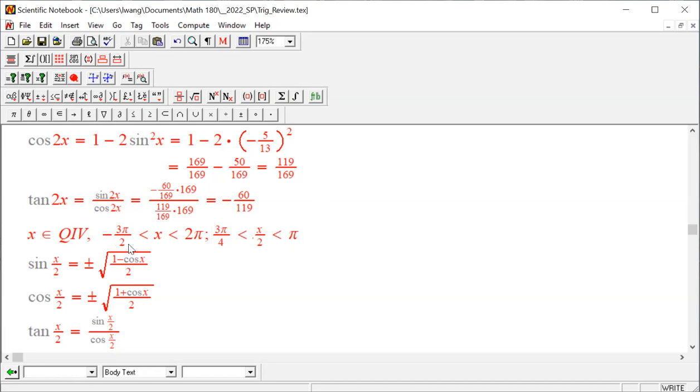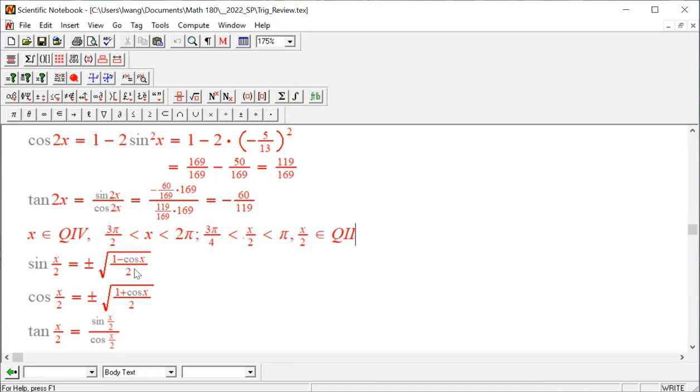So this means x is in the 4th quadrant between 3π/2 to 2π. Now, this piece is telling us that half of x is in the 2nd quadrant. So this tells us half of x is in quadrant 2, right? Quadrant 2 is between π/2 to pi, counterclockwise.